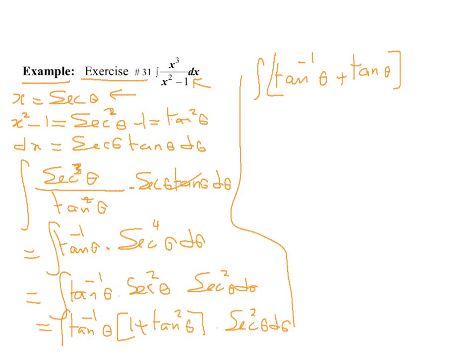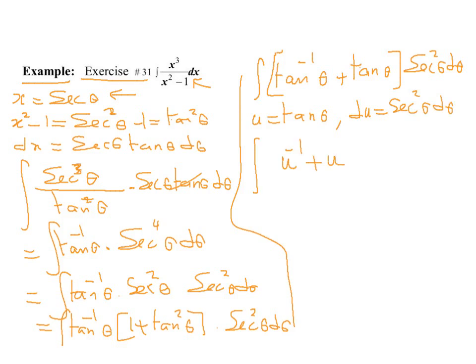times secant squared theta. So this is u and du now, because if we take u as tan theta, du will be secant squared theta d theta. So the integration becomes u to the power minus 1 plus u du.